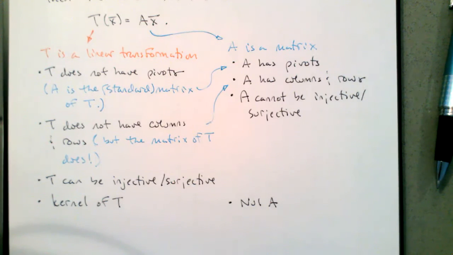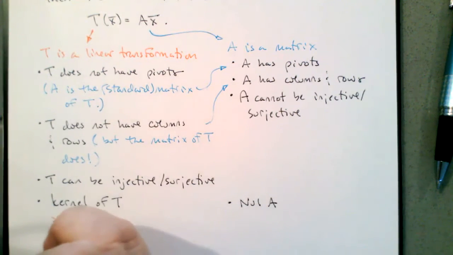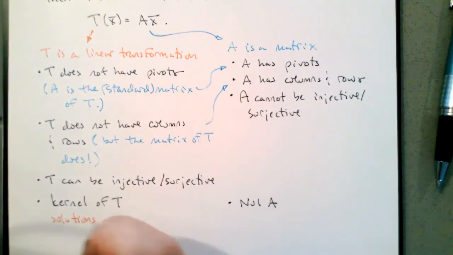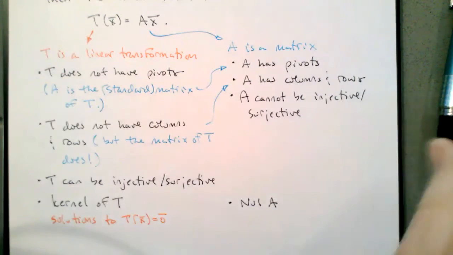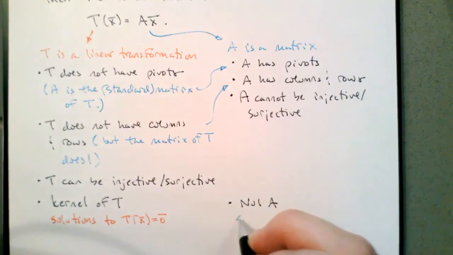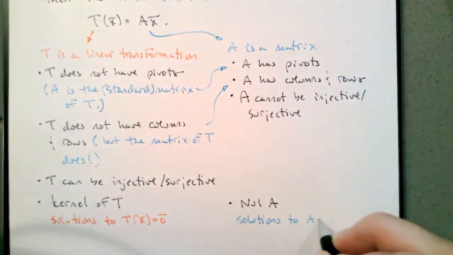We wouldn't want to say the kernel of A or the null space of T, because T is a transformation and not a matrix, and A is a matrix, not a transformation. So the kernel of T is the solution set to T of x equals 0, and this will be the exact same set as the solutions to A times x equals 0.